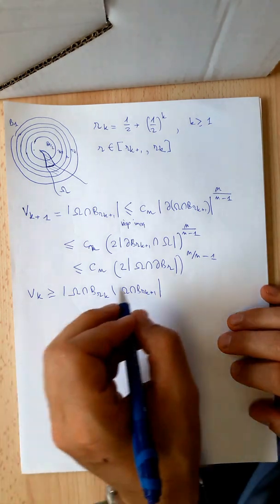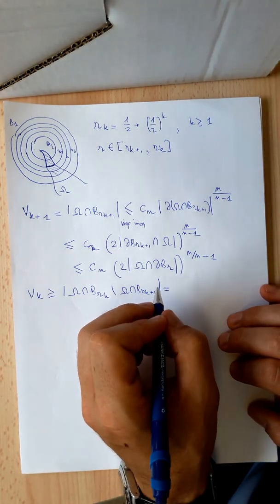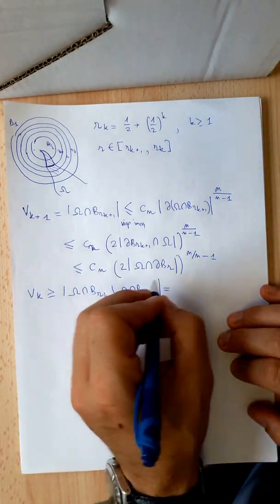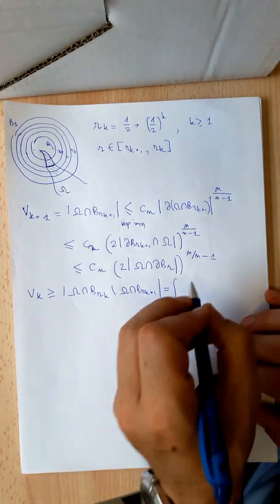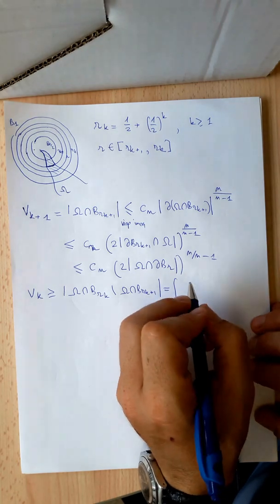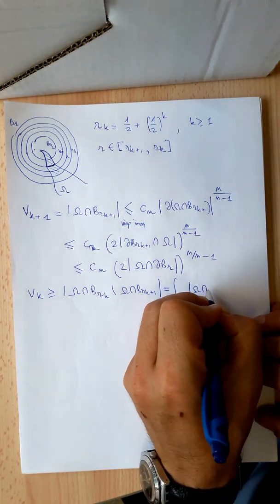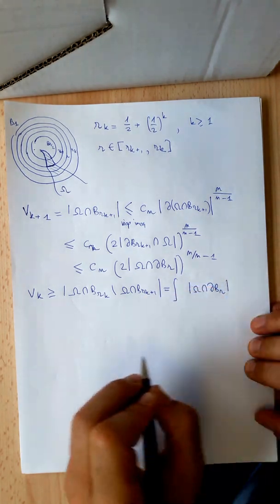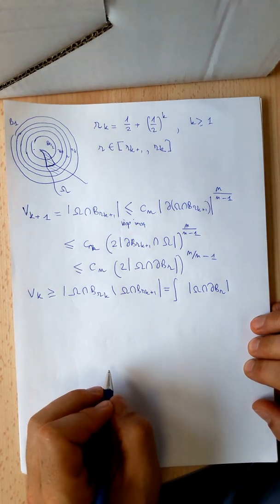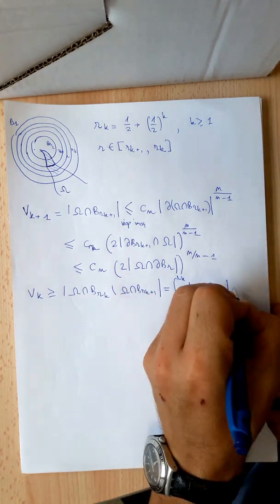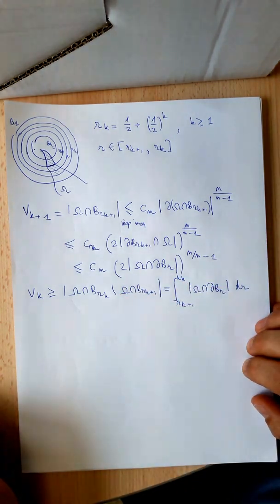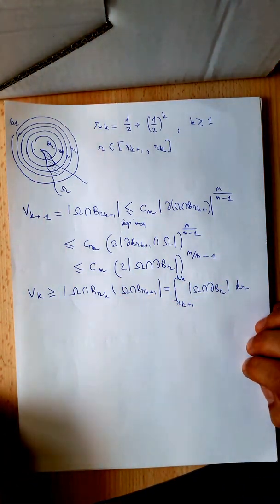Now we can use slice integration, or the co-area formula, if you're aware of it, to say that this volume can be computed by computing the area of each sphere ∂B_r, where r varies from r_{k+1} to r_k, intersected with our domain omega. So this is just a slice integration.